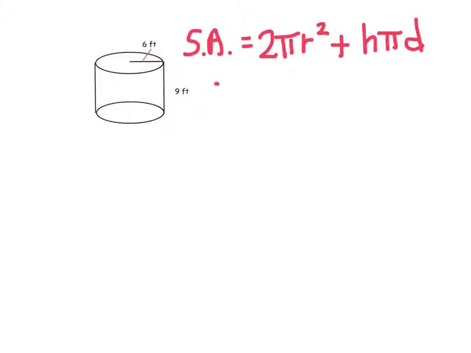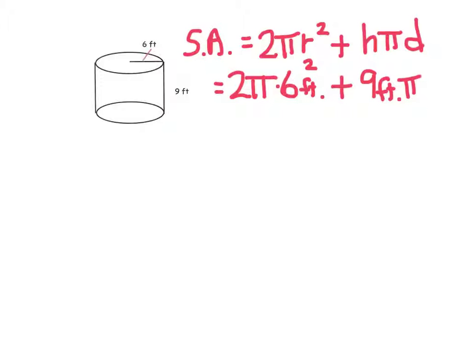Let's substitute. Again, I'm saving pi to the very end. The radius is 6. So we're going to square the 6. The height is 9. And the diameter would be 6 times 2, which is 12.